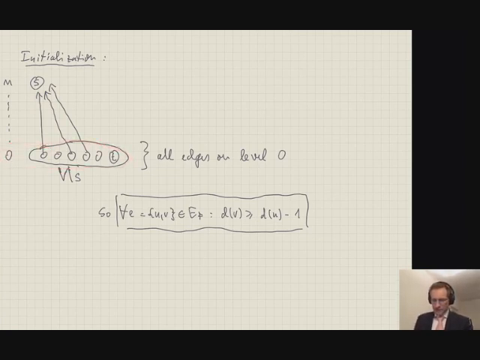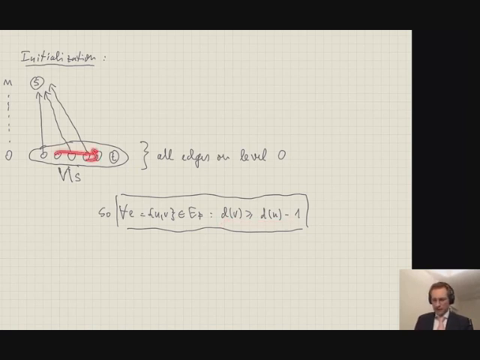So that means that, remember what it means to be a feasible labeling. That means that the source vertex should have label N, the target vertex should have the label 0, and all the edges in the residual graph are either upward sloping, or if they are downward sloping, not by too much.